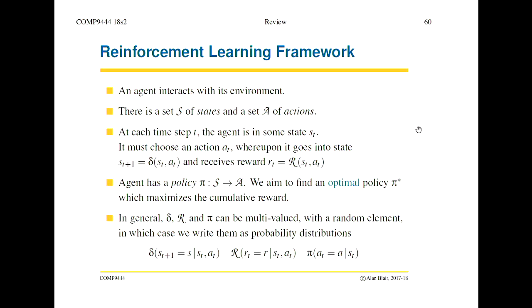That's the environment, and then the agent has a policy which says what action it will do in a particular state. In general, these all can be multi-valued with a random element, and that's why we use these curly R's.